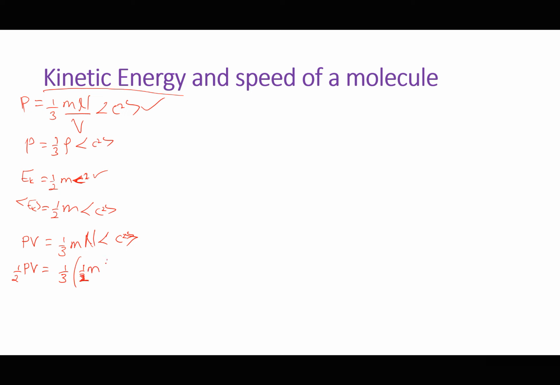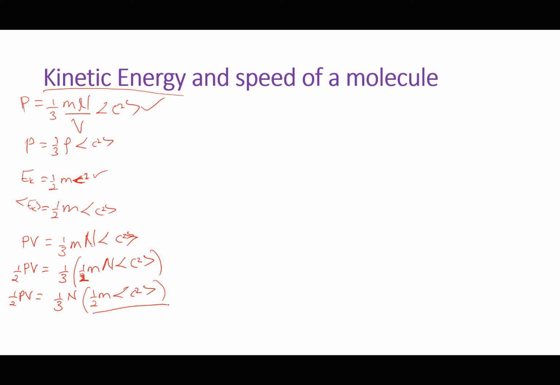Remember, this will be a half N average C squared. Just rearranging, I have a half PV is equal to a third. I'm pulling out N because it is not necessary in the brackets. So it is a third into a half M average C squared.